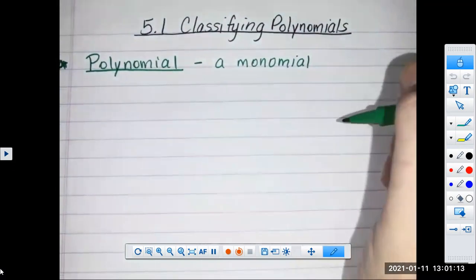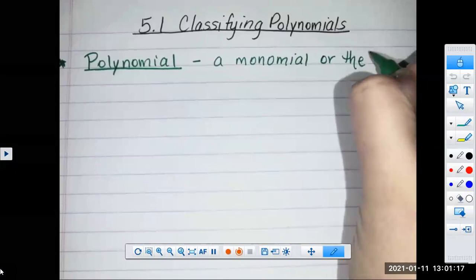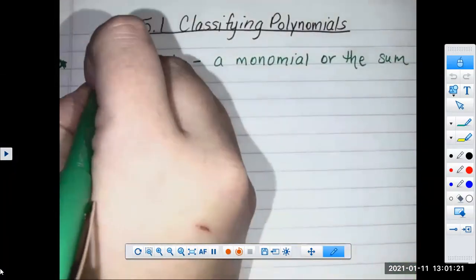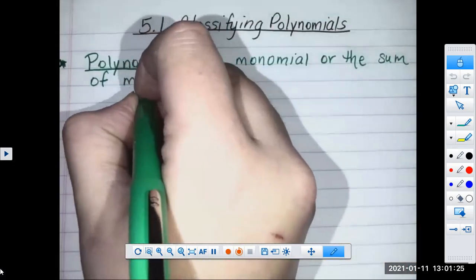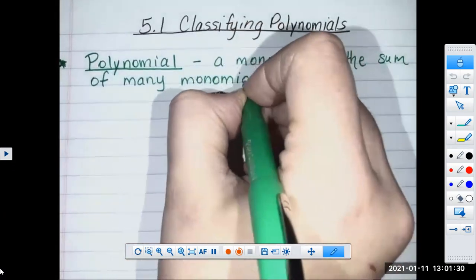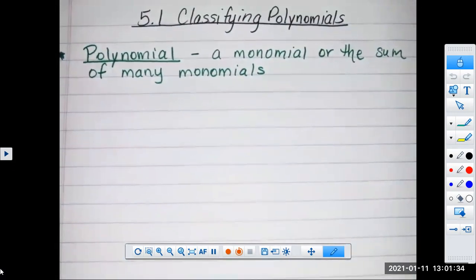Good. It's a monomial, or the sum of many monomials. And some examples of polynomials.